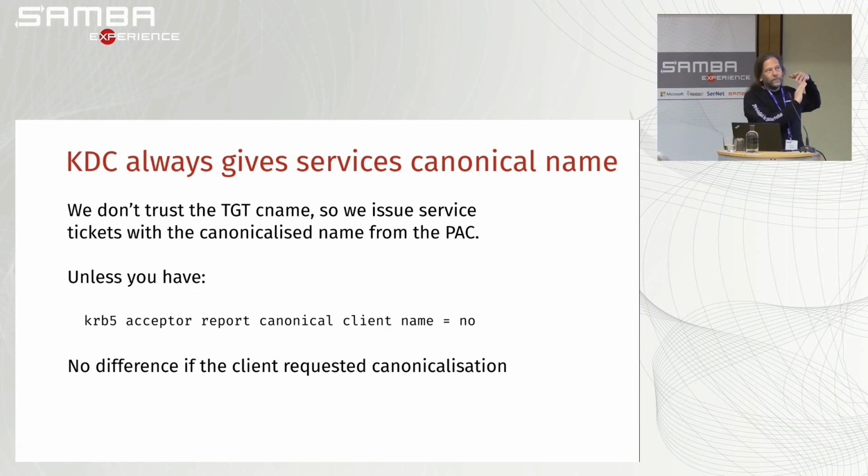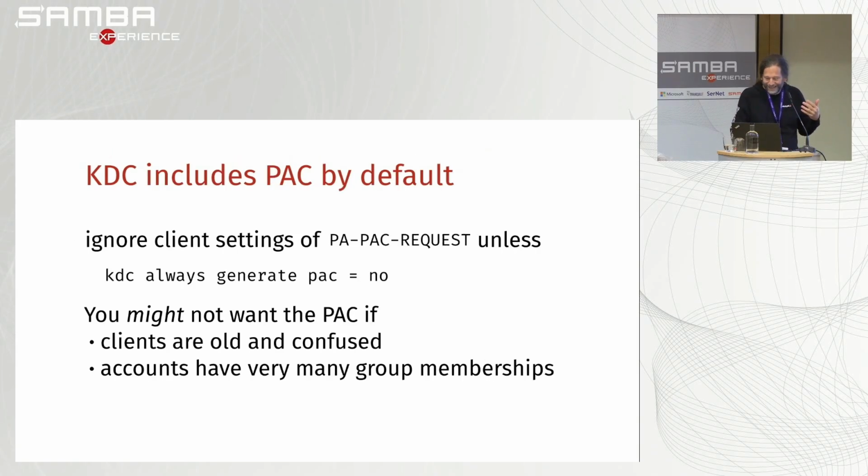But when you are asking the Kerberos server for a service ticket from your TGT, it uses the name in the PAC, not the C name, because the C name is not entirely trustworthy. So you can turn this off, but I don't think you probably want to. And so it's just going to be a little bit better.